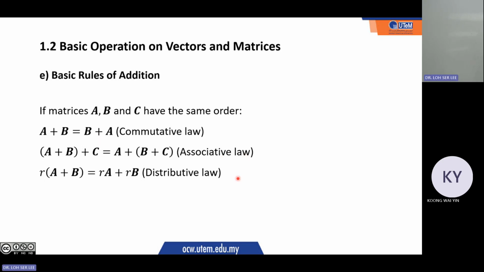And the last one, distributive law: R is a constant. When R is multiplied to the sum of these two matrices, R will be multiplied to A and also B. This is the distributive law. So matrix addition satisfies these three laws.